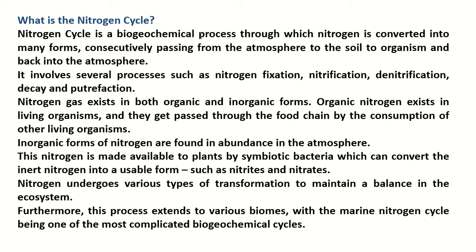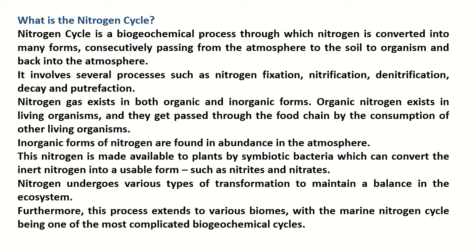Which are those processes? You have to remember: first is nitrogen fixation, another is nitrification, then denitrification. The plant produces nitrogen, and the leaf falls down into the soil, where it decays through putrefaction or fermentation, into a utilizable form.